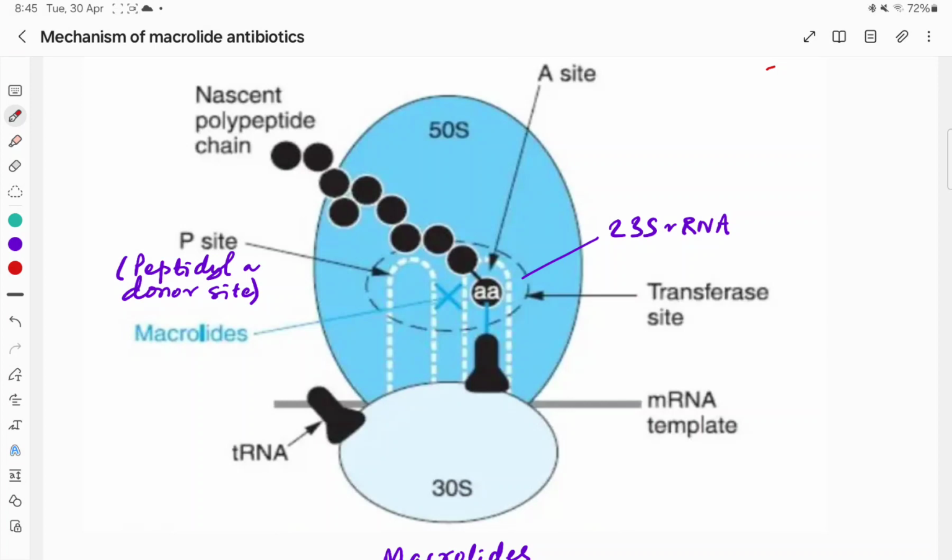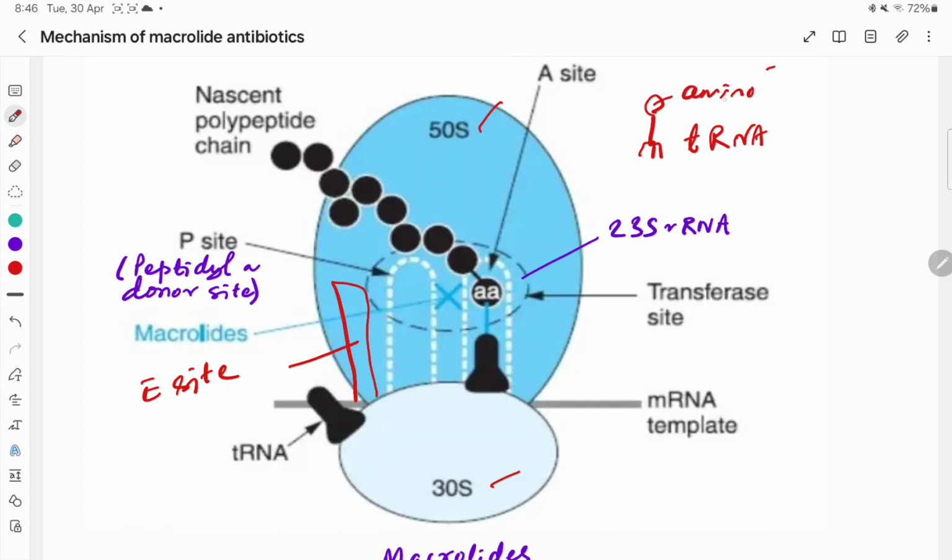We know in prokaryotes, or bacteria, there are two subunits, the 30S subunit and the 50S subunit. And the 50S subunit has three sites: the A site, then the P site, and then finally the E site, or exit site. So tRNA, transfer RNA with amino acid.